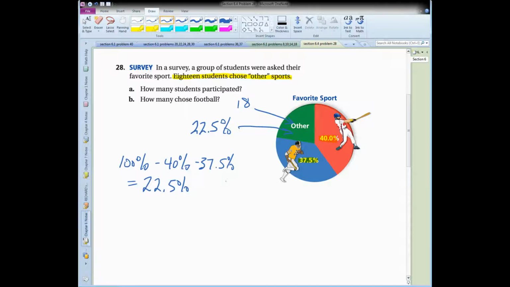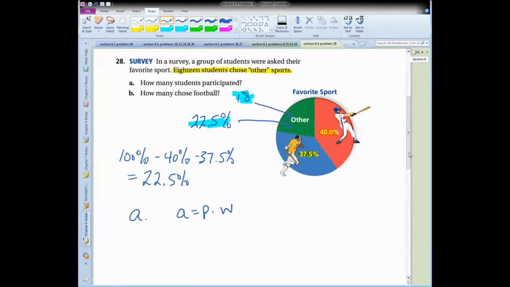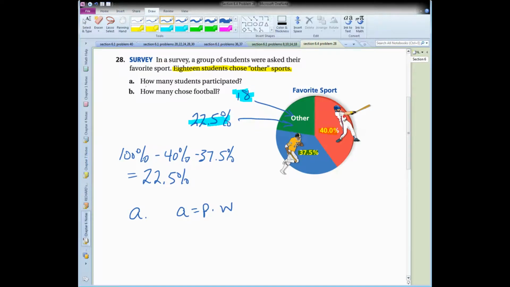So those are the other students. Could we figure out the total number? Yes, we can. How? With these two values right here. For part A, I am going to use the percent equation, and it asks how many students participated.